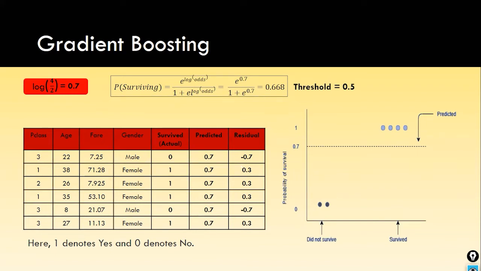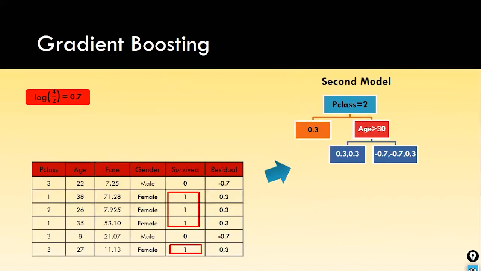creates another model in sequence, which is the second model, and it is a weak learner. This one will be created in sequence to predict the residuals. In this case, the independent variables are P class, age, gender, and so on. But the dependent variable is the residual, not survived.